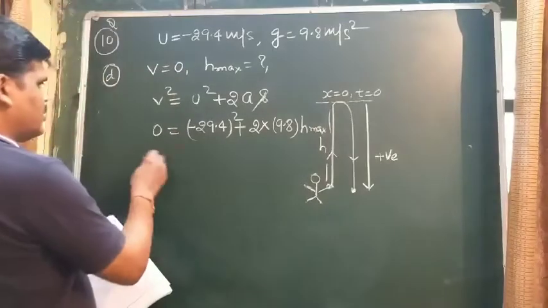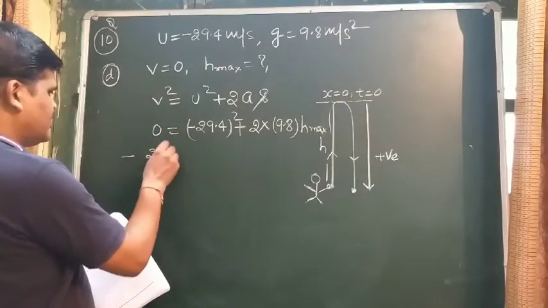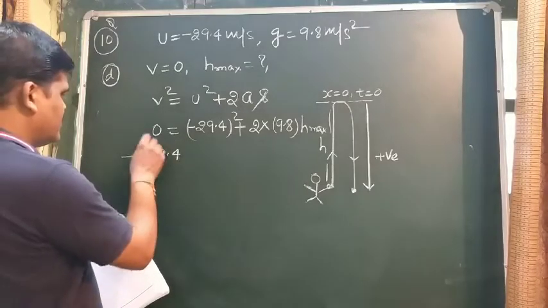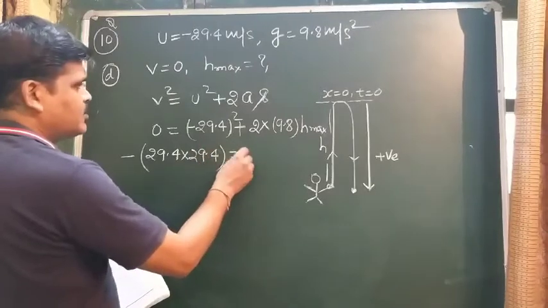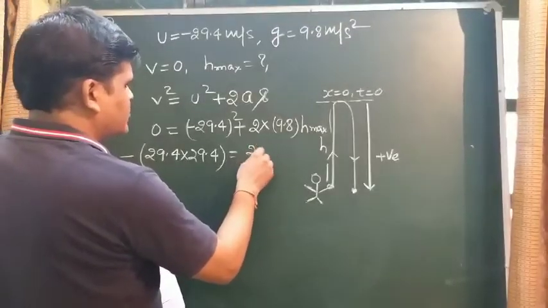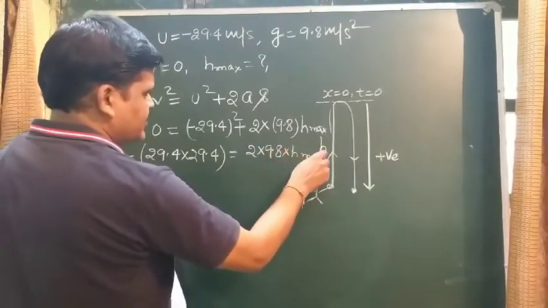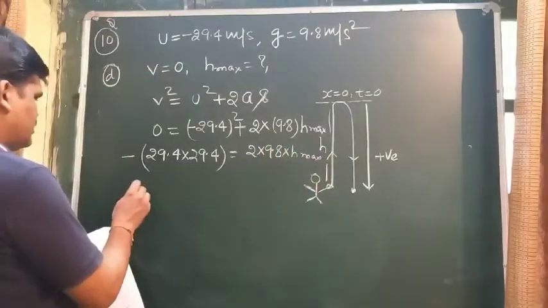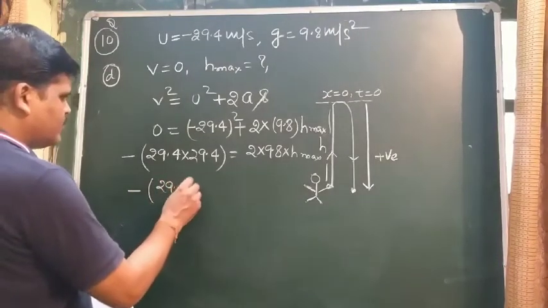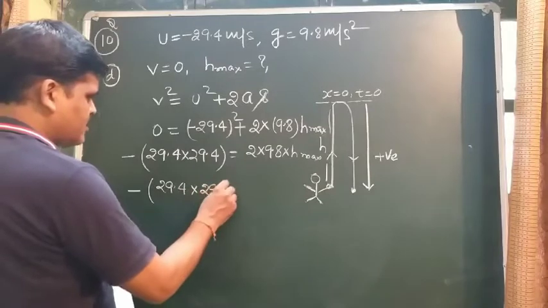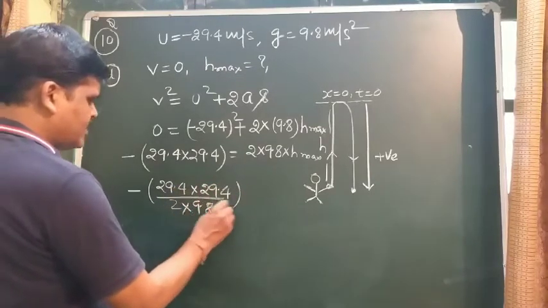So after transferring here, it becomes positive, and it comes out that 29.4 square, student, equals 2 into 9.8 into h max, and after solving this it comes out that h max equals 29.4 square by 2 into 9.8.